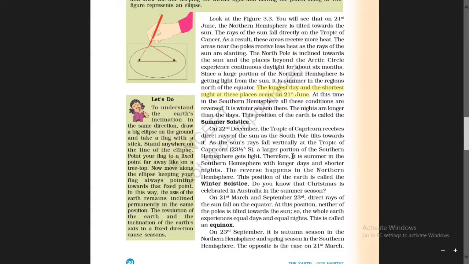Therefore, it is summer in the southern hemisphere with longer days and shorter nights.